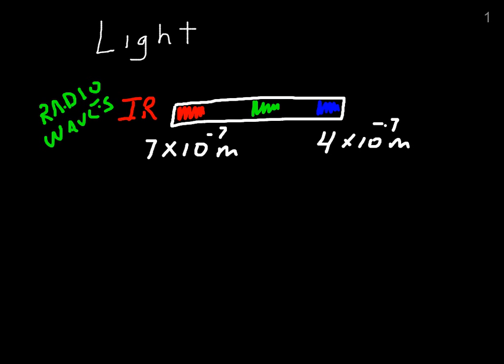On the other side of the spectrum, you end up with ultraviolet, UV, and then after ultraviolet, you go to X-rays, and then beyond that, really high energy light like gamma rays.